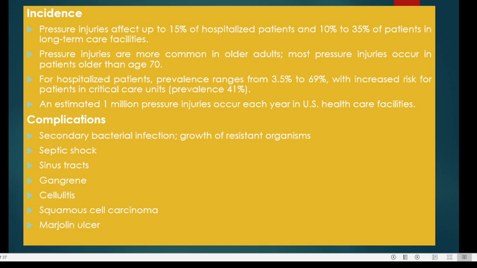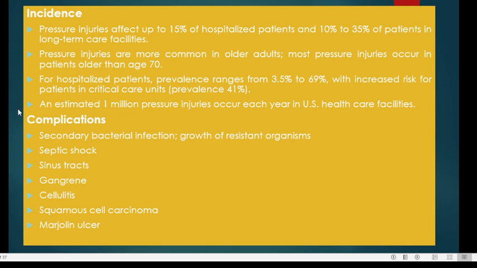These are the elderly. For hospitalized patients, prevalence ranges from 3.5 to 69%, with increased risk for patients in critical care units, and the prevalence is mostly 41%. There is an estimated 1 million pressure injuries that occur each year in developed nations such as the USA.